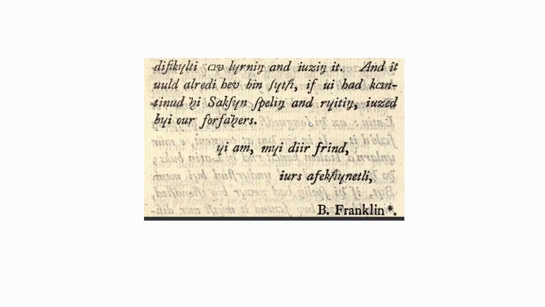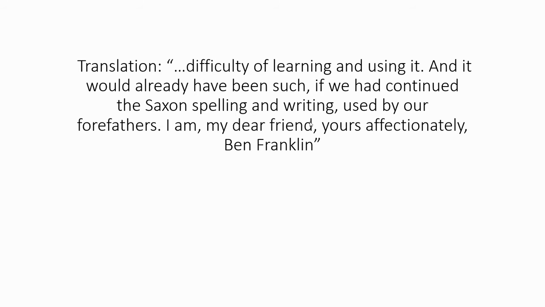You got it? You know what it says? All right, I'll tell you. It says, difficulty of learning and using it. And it would already have been such if we had continued the Saxon spelling and writing used by our forefathers. I am, my dear friend, yours affectionately, Ben Franklin.